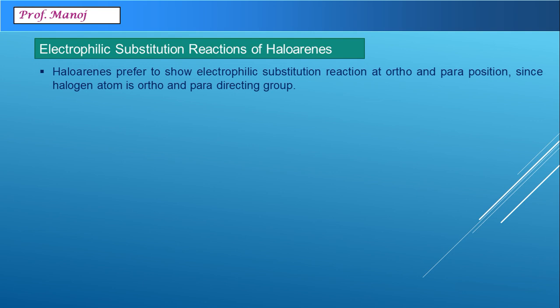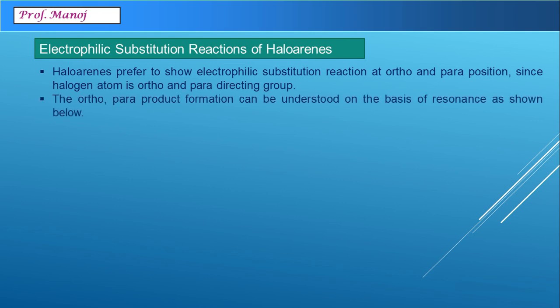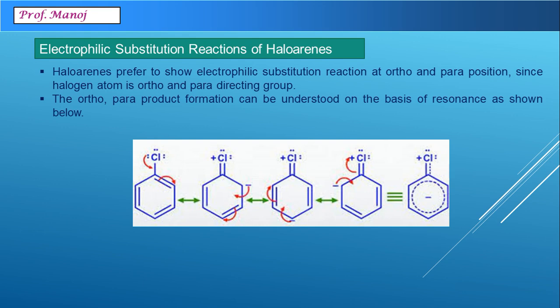Haloarenes prefer to show electrophilic substitution reactions at ortho and para positions because halogen atoms, as we know, are ortho and para directing groups. Why they show only ortho and para can be understood from this resonance. Look at structure number 1. When we consider the chlorobenzene structure, first of all, the electron pair of the chlorine atom transfers to the bond connecting the benzene ring. Since the valency is disturbed, the pi bond of benzene now goes to the second position.